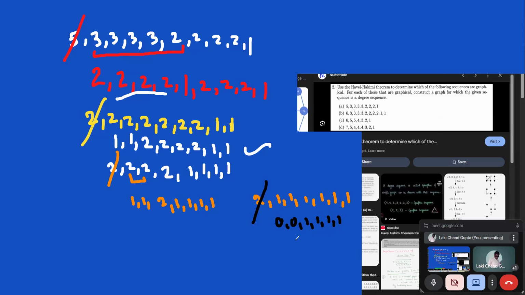When you delete this, it becomes 0. Again, arrange in descending order. When you delete this, you will get 1, 0, 0. All zeros are there. So it means this graph can exist.